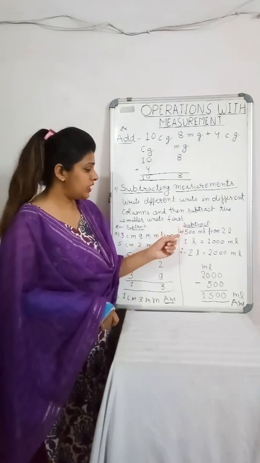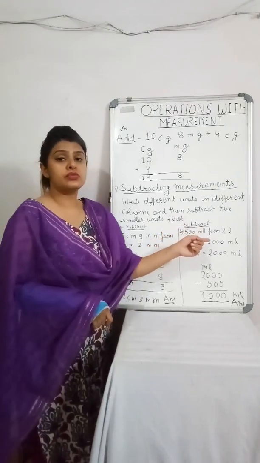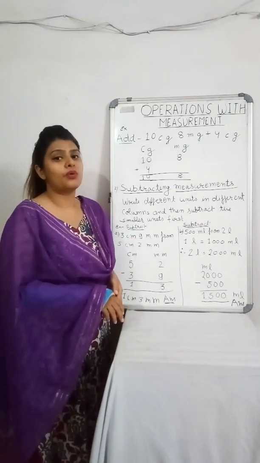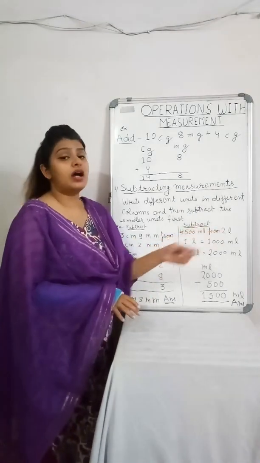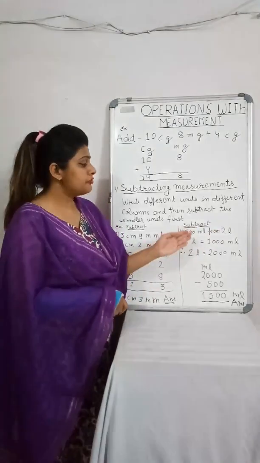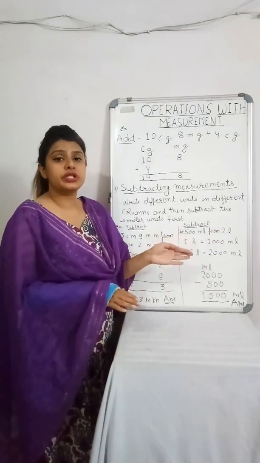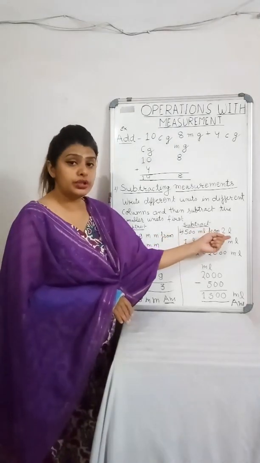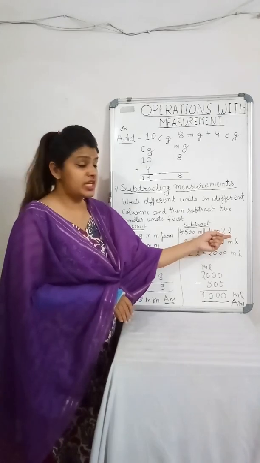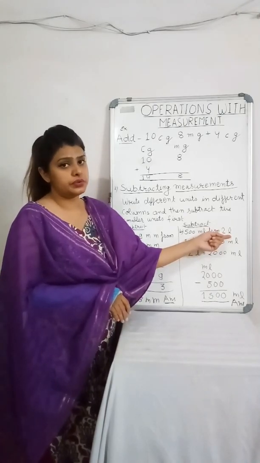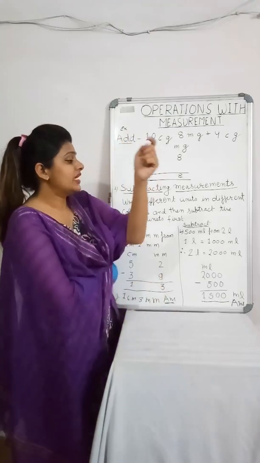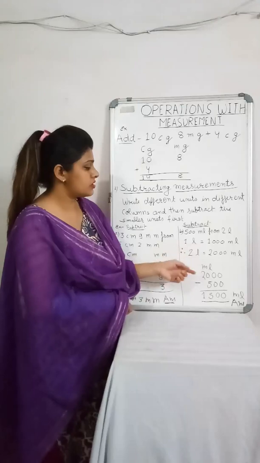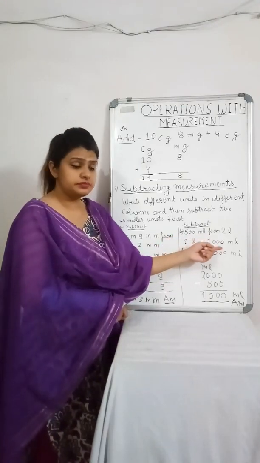Now subtract B, that is 500 ml from 2 L. Can you subtract these? No, because the units are different. So first we will make the units the same, and that can be done by changing the bigger unit into the smaller unit. To make liters into ml, we will multiply by 1000. 1 liter is equal to 1000 ml.